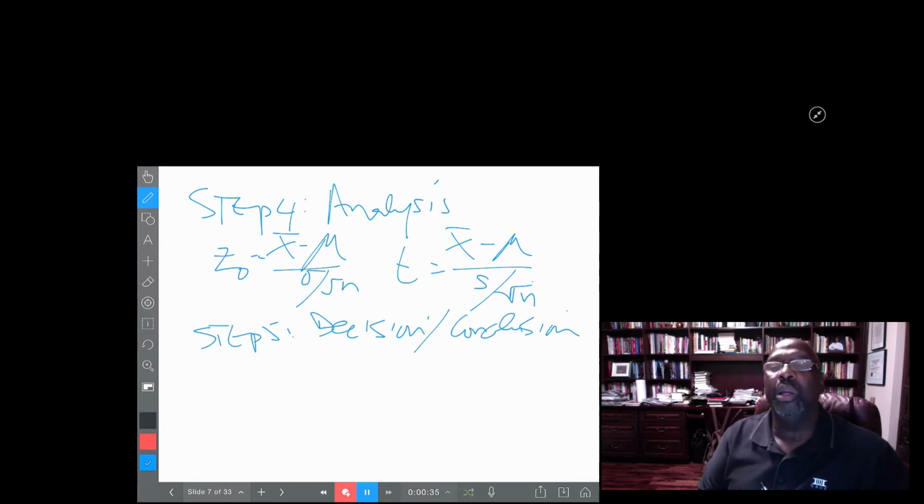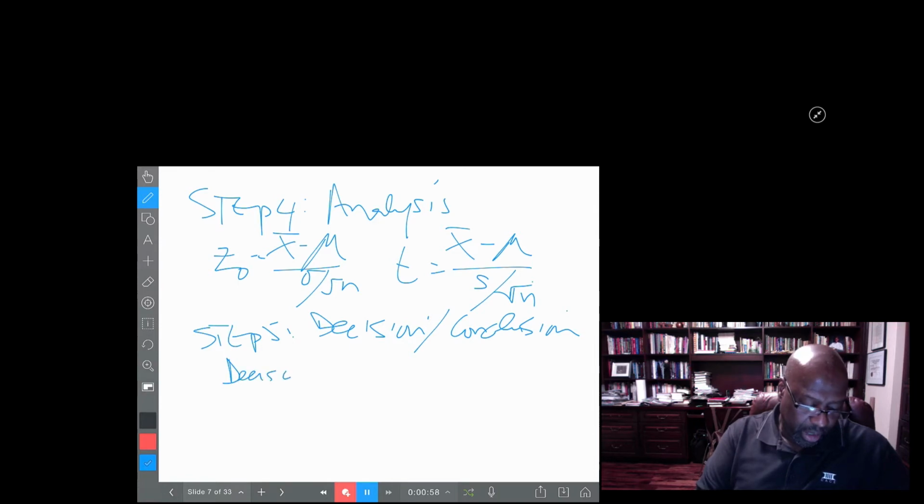In other words, what do we conclude? So of course, if you reject a null hypothesis, you conclude you have evidence to support HA. If you fail to reject it, you don't have enough evidence to conclude that you have support for HA. Okay? So decision conclusion: your decision is always to reject or not reject H0.